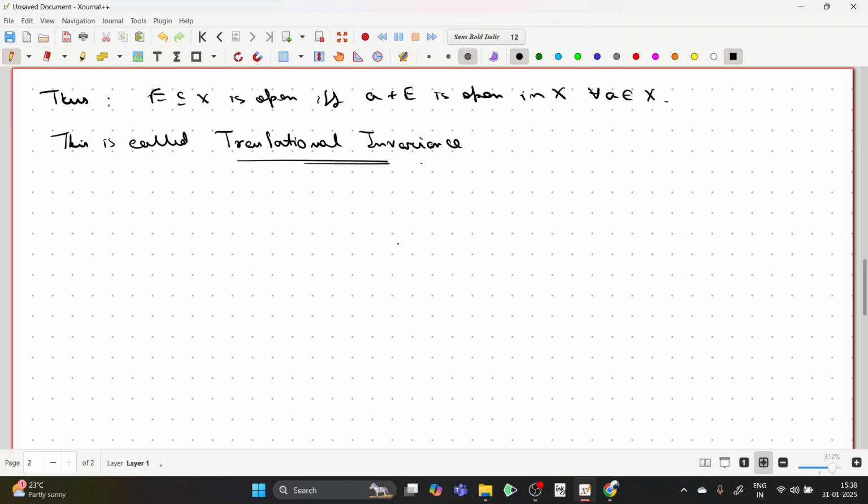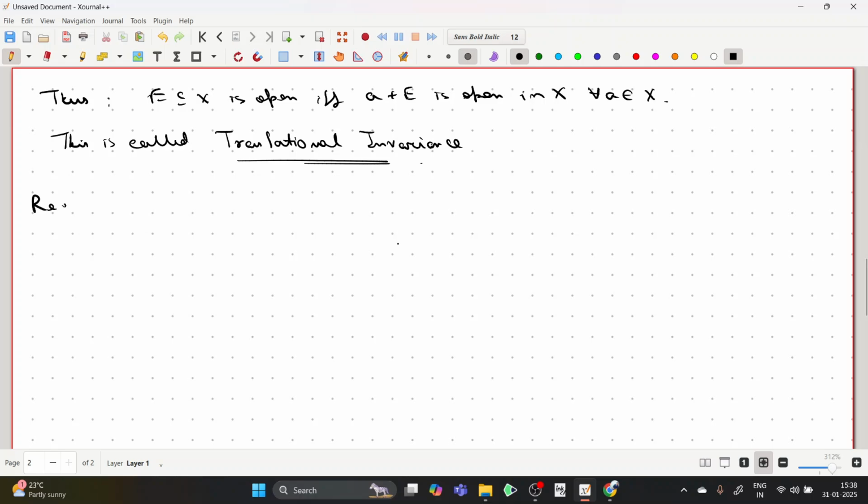Now recall the definition of a local base. So how was the local base defined in terms of simply the topology? It was defined as a collection of neighborhoods of a point such that every neighborhood of that point will contain some element from this collection, right?